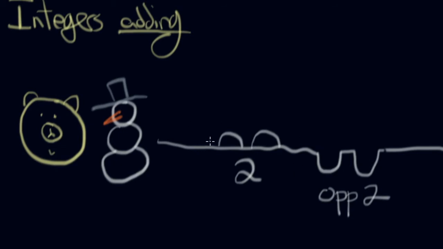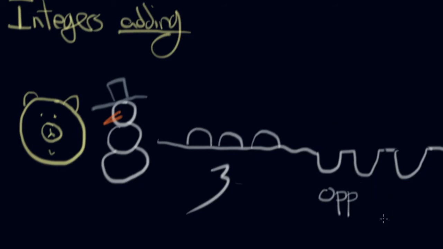If I added another pile, that would be 3. And if I dug another little hole here, then this would be opposite 3. That makes sense.